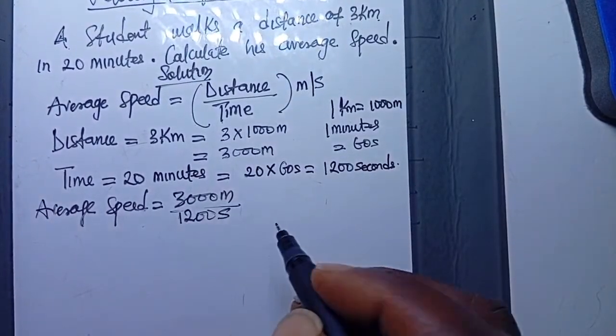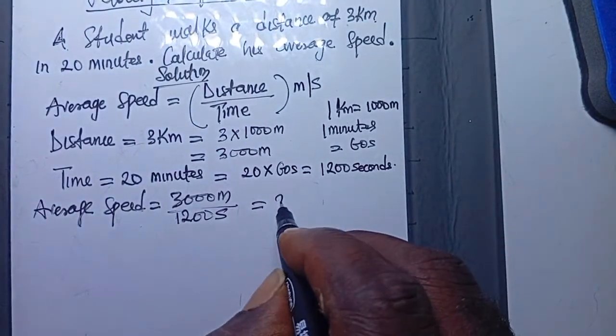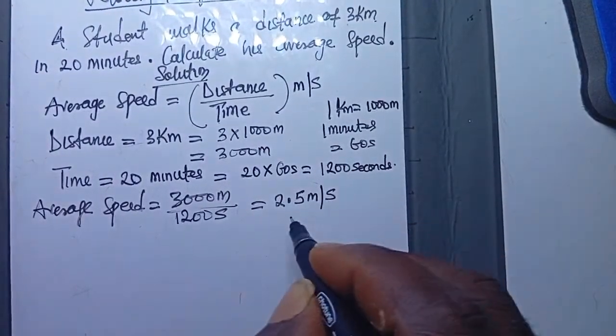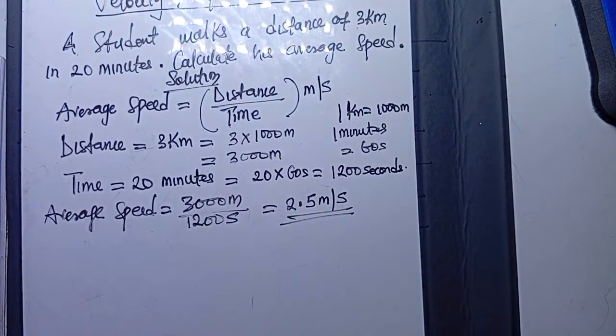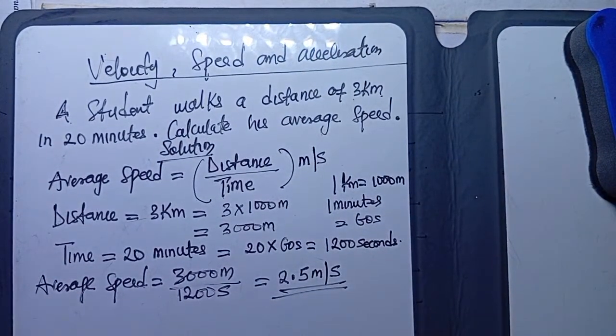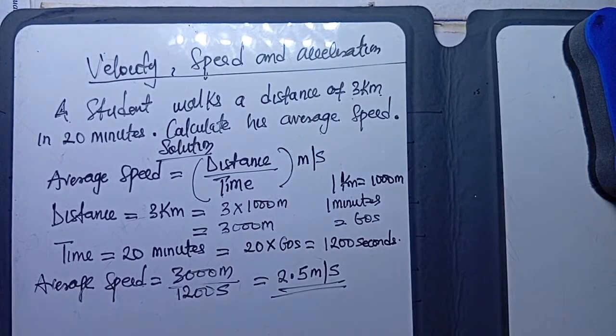By the time you divide both, it gives you 2.5 meters per second. So that is how we calculate an equation given in this form. Basically, we are in calculations in physics, and we are here to solve many questions today. This is where speed, velocity, and acceleration started.